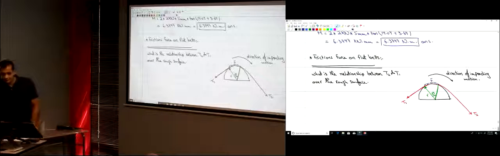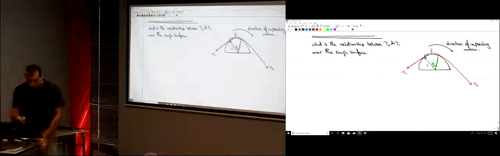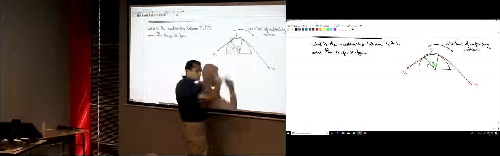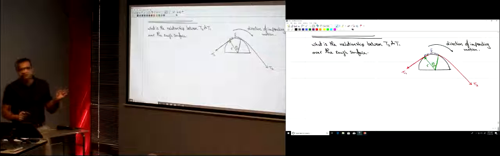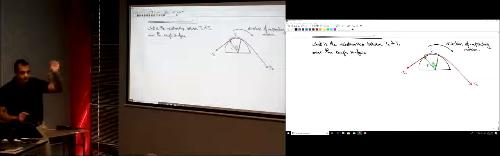So let's see how we're going to do this. As you see here, we have this curved surface. The cable gets tangential from this point of contact to this point of contact. We're just going to study a very small, infinitesimal element on this curved part.